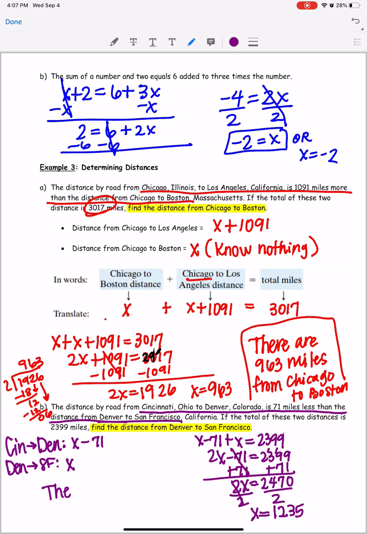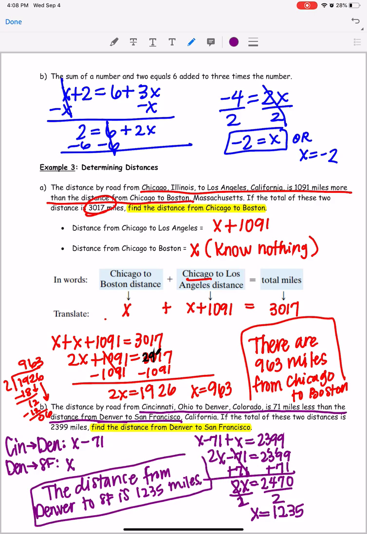So, the distance from Denver to San Francisco is 1,235. 1,235 what? Miles. So again, I don't care what x equals. I care about you answering the question.